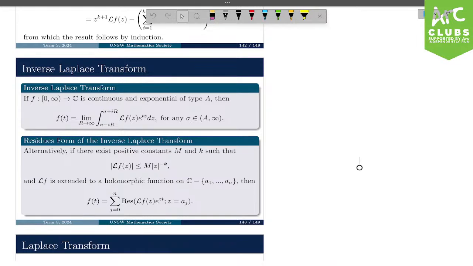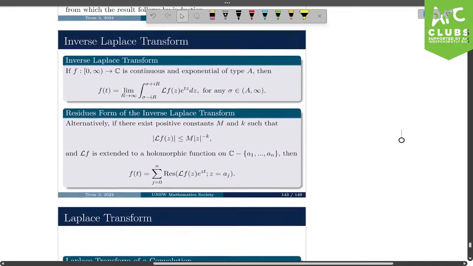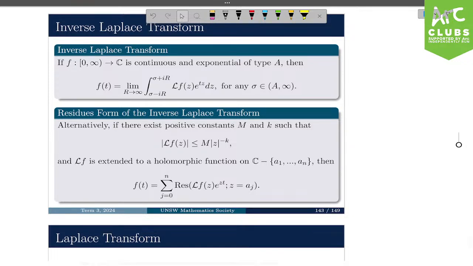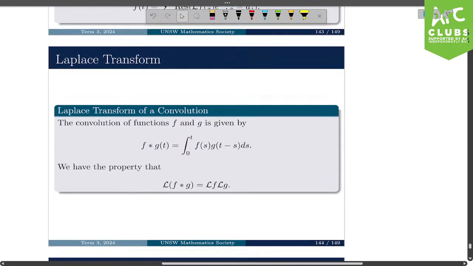But yeah, you can talk about the residues form of the inverse Laplace transform, as it is over here, which acts as a few things. It acts as an upper bound, as well as a certain holomorphic function. But yeah, these are just certain methods we can use to recover the function. Okay.